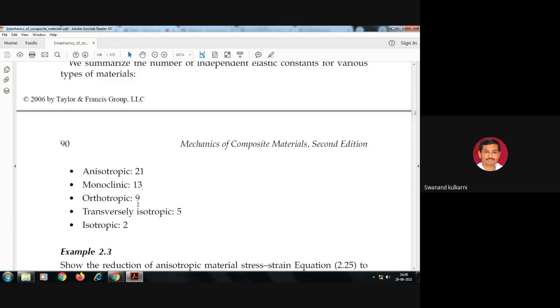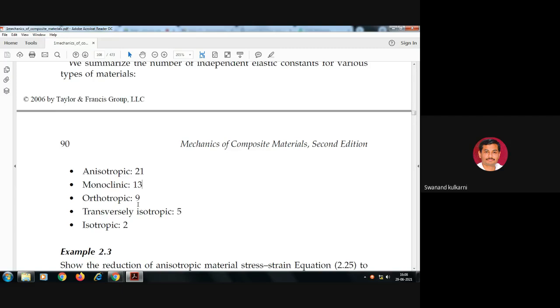Because I already discussed previously that no software is available in the world which will define all these materials together. Because for each and every software there are particular assumptions. Working on all these categories, anisotropic to isotropic, is not available presently. For this, subroutine files are required to analyze any material.